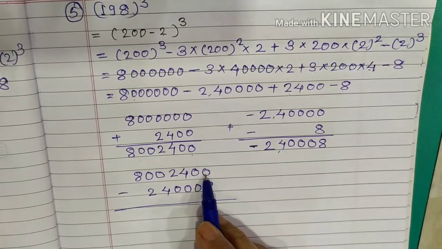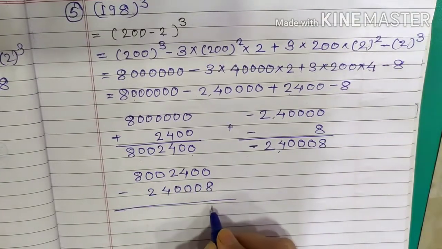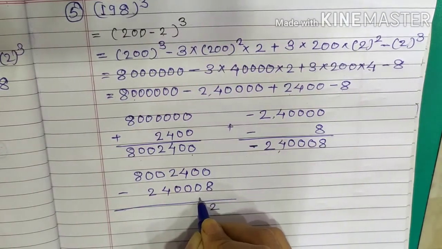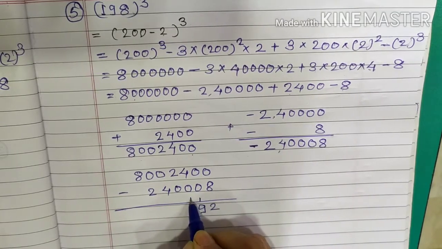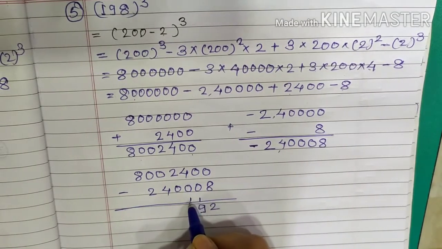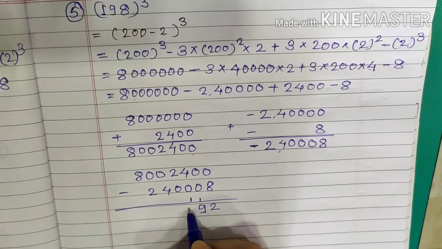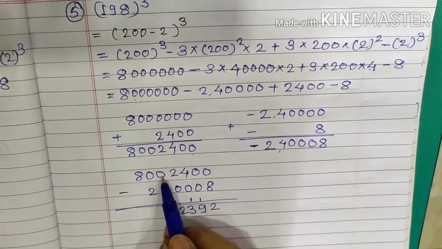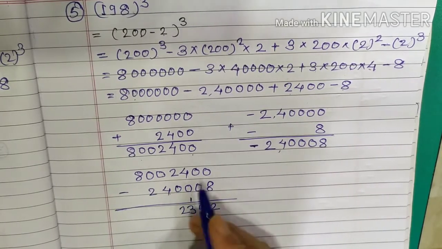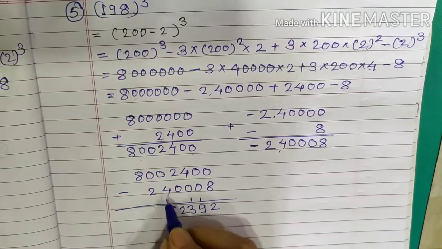We take a raise here. 10 minus 8, 2. Again here 10 minus 1, 9. Then 4 minus 1 is 3. 2 as it is. Then again we take a raise here. 10 minus 4, 6.